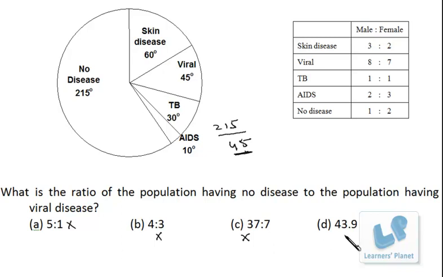This option has to be correct because this is the last option first of all, and the other thing is the denominator is multiple of 9 and numerator is multiple of 43. So it's actually 5 times 43 and 5 times 9. So I hope you are clear. Quite a simple problem.